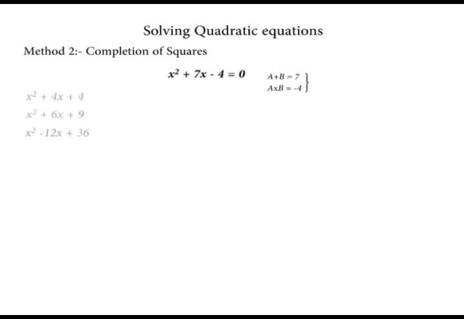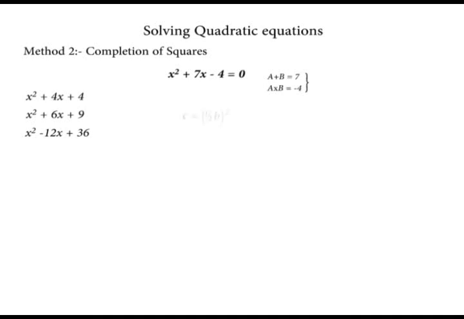Consider these expressions. x squared plus 4x plus 4, x squared plus 6x plus 9, and x squared minus 12x plus 36. All these are perfect squares and their leading coefficient is 1. For perfect squares with a leading coefficient of 1, the constant term is equal to the square of half the linear coefficient.